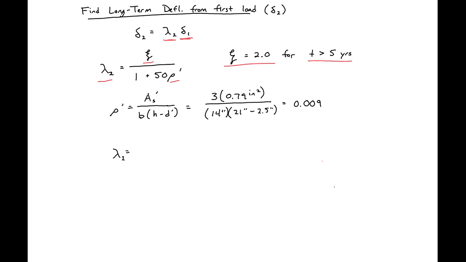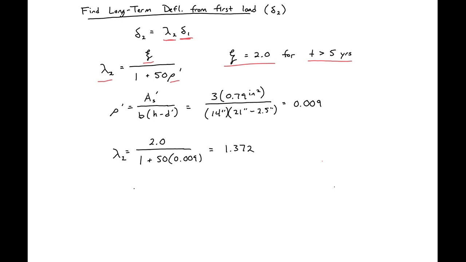So our lambda is equal to 2.0 divided by 1 plus 50 times 0.009, which will give us a lambda equal to 1.372.